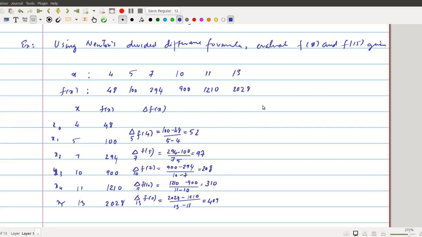Okay, now you evaluate delta square of x, the divided difference, which is obtained by taking the difference between these two.